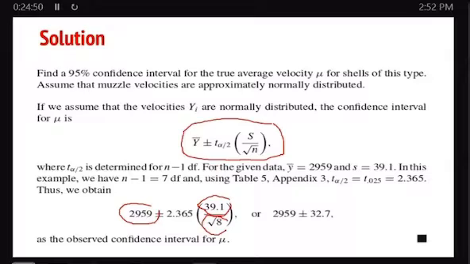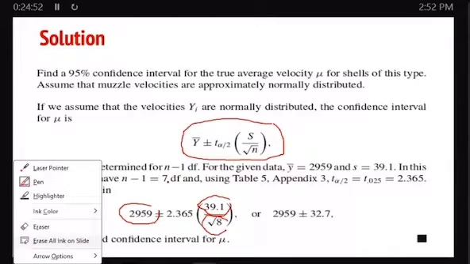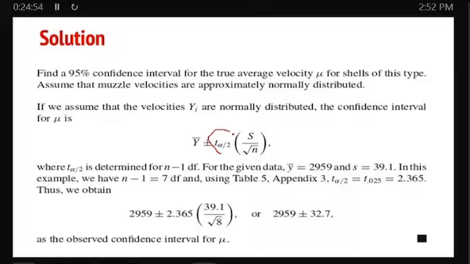Now, I need to figure out what the T value is. The other time, when we were working with the large sample interval, we focused on the Z value, where we go into the statistical table to figure that out, or we can use software to find the values of Z. But right now, we're going into the statistical table to check the T. There's a T, and that T comes with the degrees of freedom.